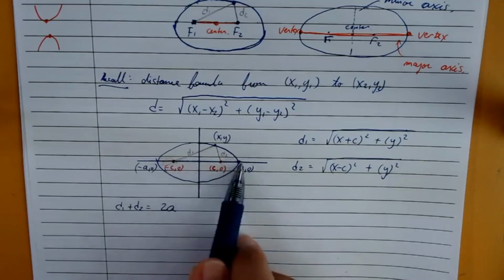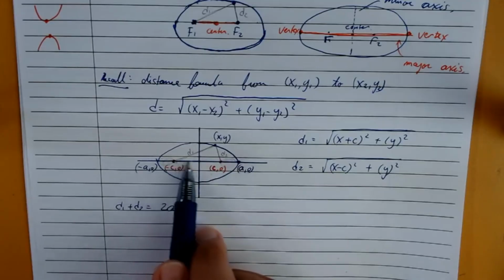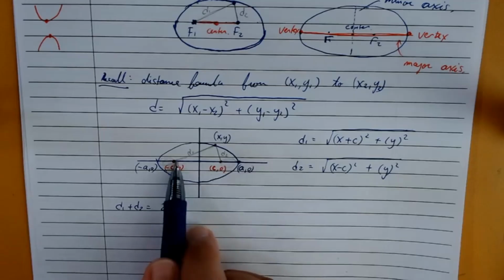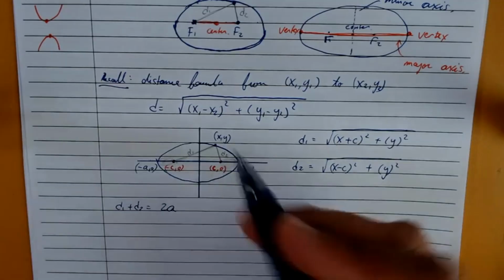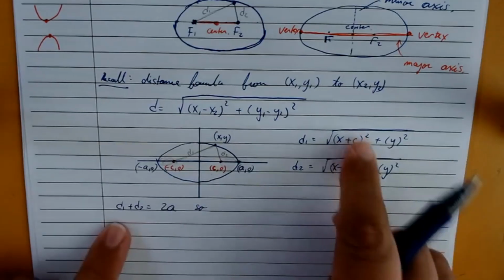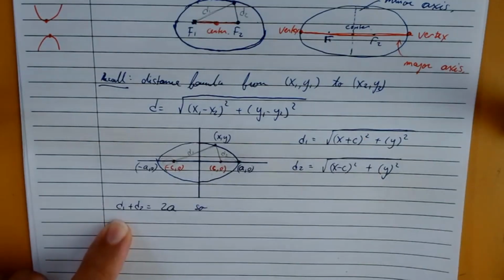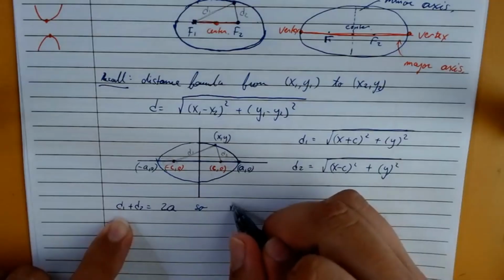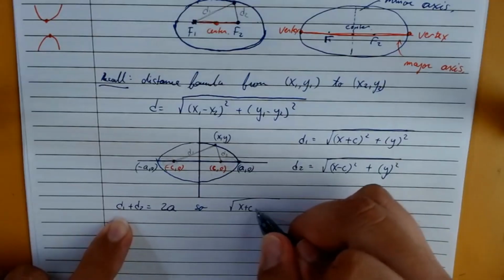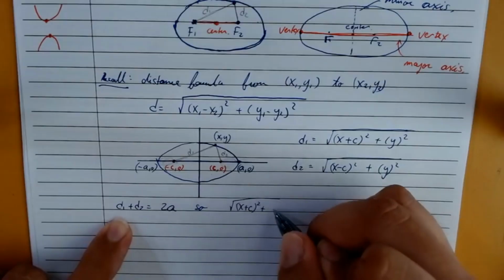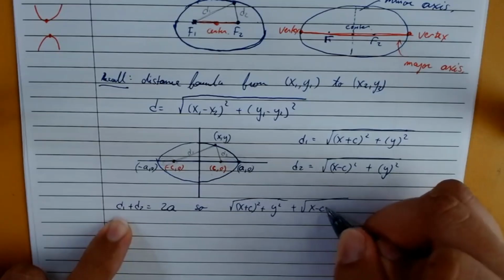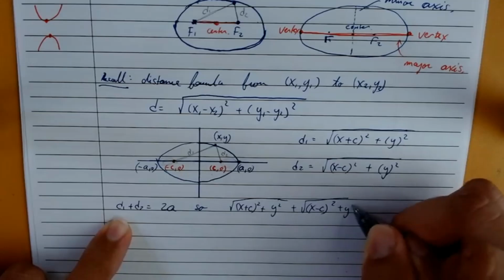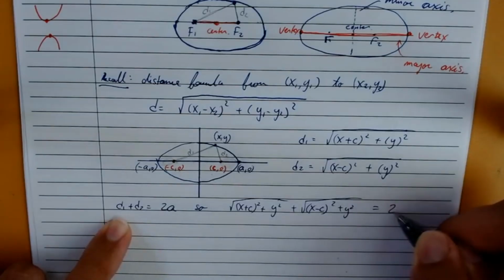So that's all of that plus that, that's just the distance all the way across. It's equal to 2a. So I can always take those and plug them in right here. I can find the square root of x plus c squared plus y squared, plus the square root of x minus c squared plus y squared. That's equal to 2a.